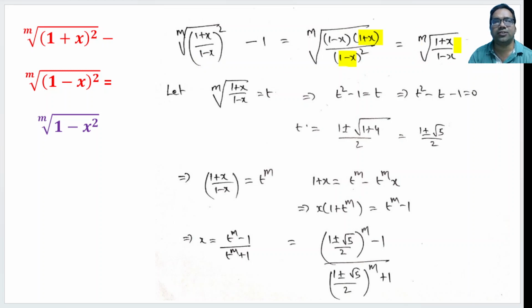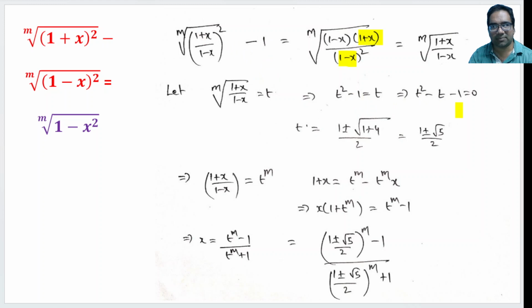If we take this one term as some t, then this is actually t square. So this equation is t square minus 1 equals t. Let us substitute that for our simplicity: the m-th root of 1 plus x by 1 minus x equals t, so it becomes t square minus 1 equals t.